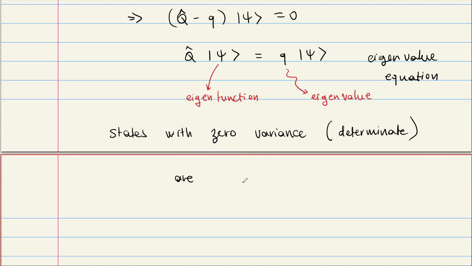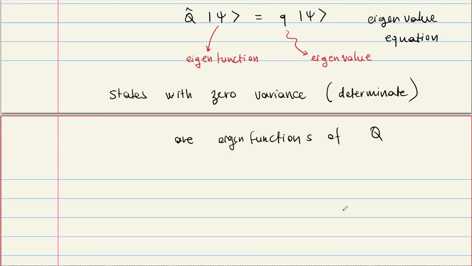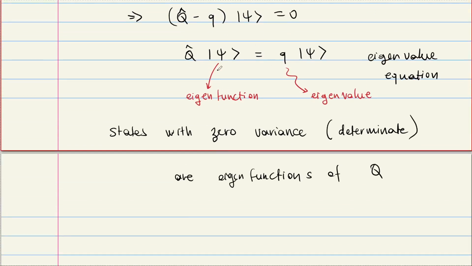Are eigenfunctions, or if you want, you can also call them eigenkets, right? Eigenfunctions of Q. So if this condition is satisfied, and if you measure what Q is on this basis, we get Q 100%.